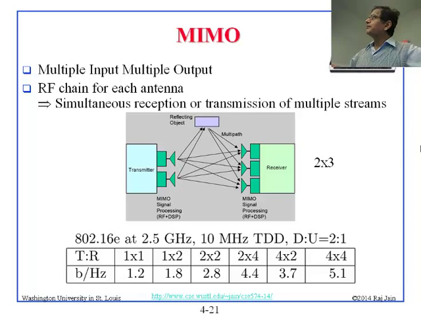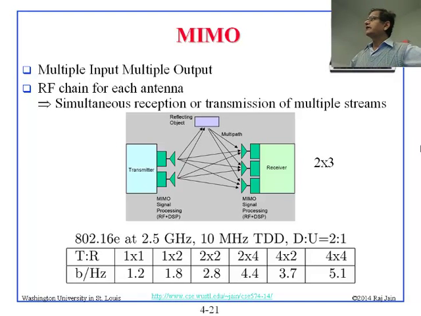MIMO is simply multiple input, multiple output. That means multiple transmitters, multiple receivers, and the transmission is actually done in such a way that you get benefit out of it. The benefit is not really linear to the number of antennas.